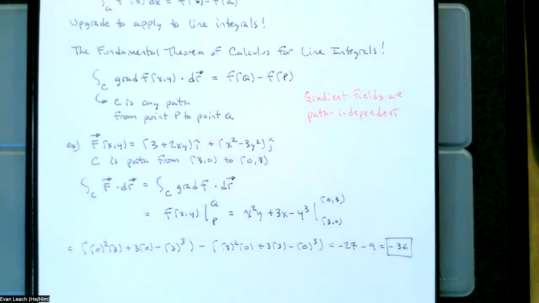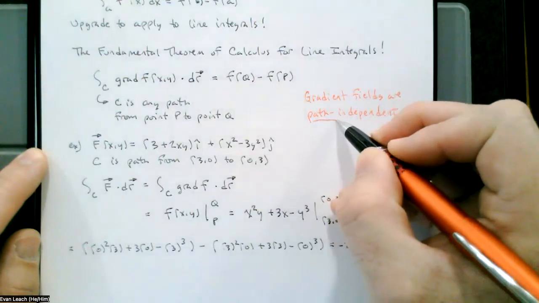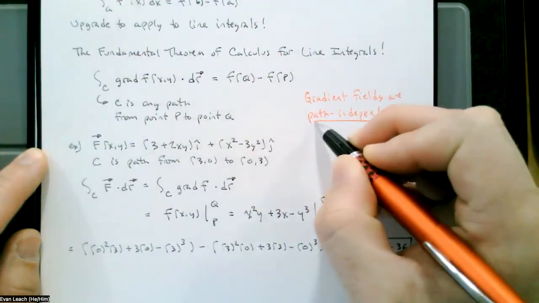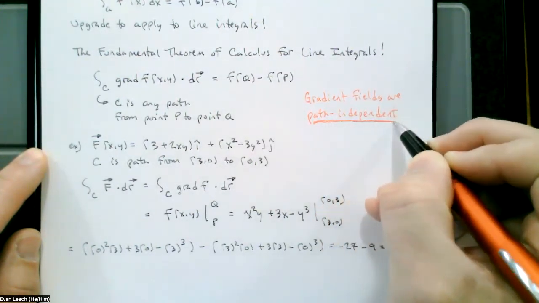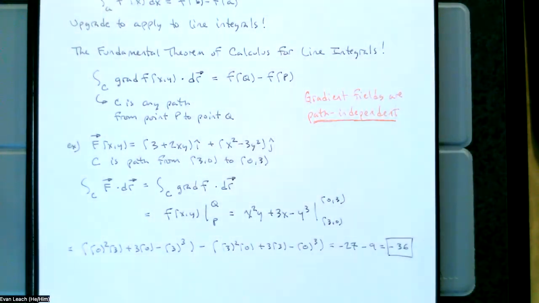Because when we integrate them, it doesn't matter what path we take. We just need to care about the starting point and the ending point. Another word for path independent is conservative.